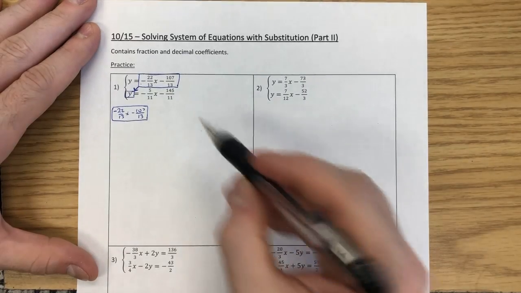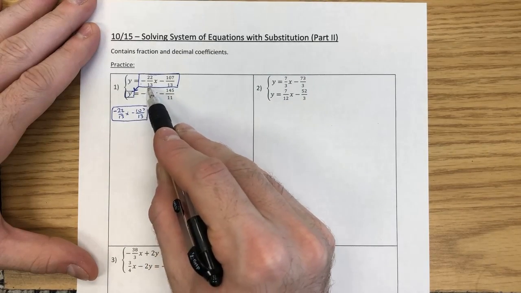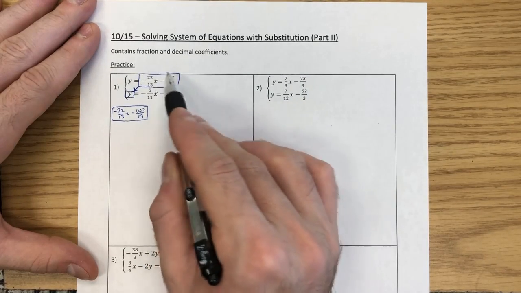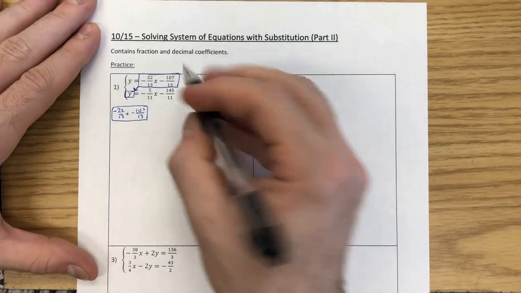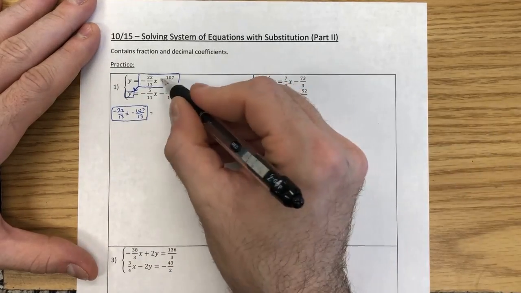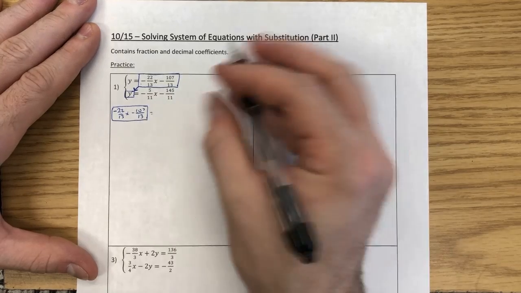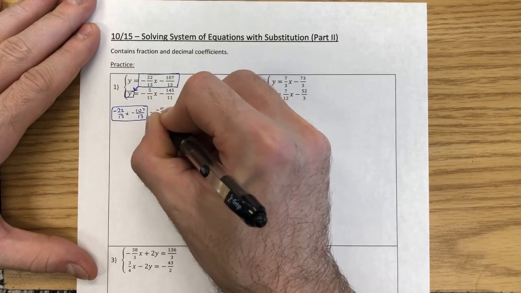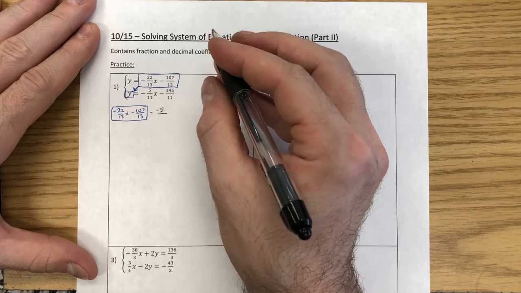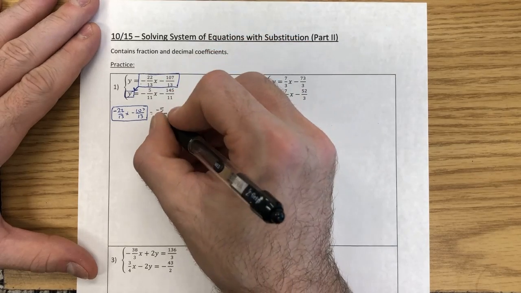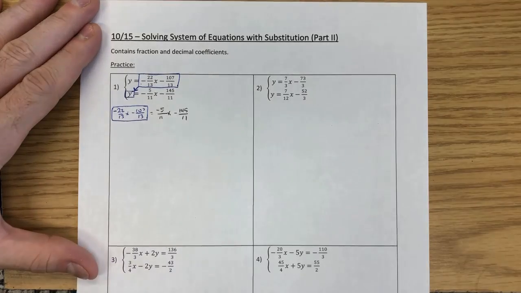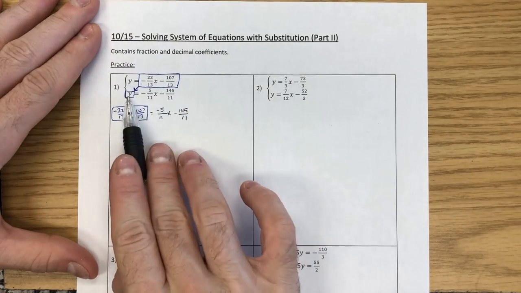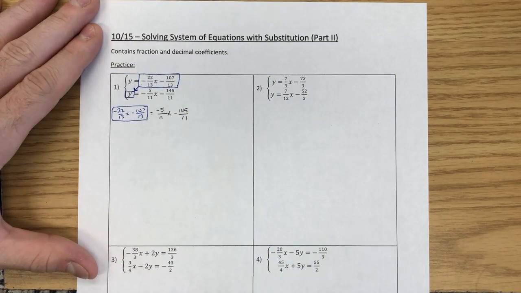And so what I've done is I've literally replaced my y with what y equals, with its value. Now I don't care that its value contains a variable, an unknown. I just know that that's what y is. If y was 2, I'd plug in 2. But in this case, y is negative 22 13ths x minus 107 13ths. I literally rewrote this equation, but I filled in the value for y.